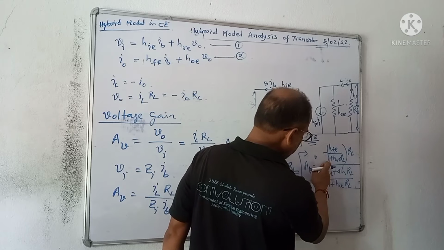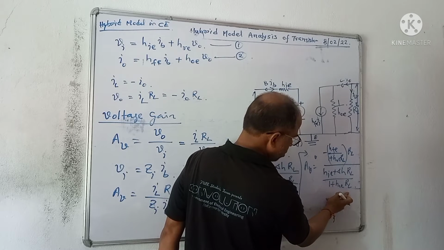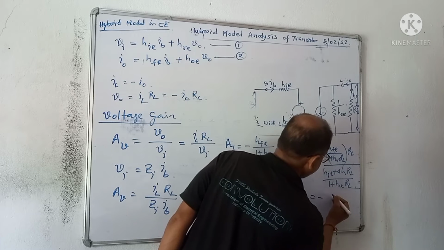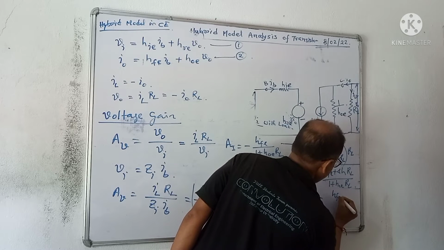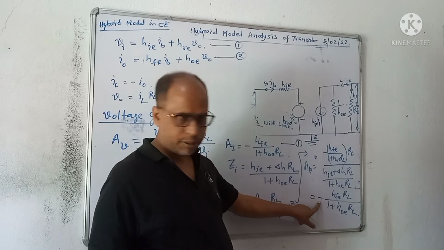Now you see here 1 plus HOE into RL, here also 1 plus HOE into RL. They will cancel. Therefore, this is equal to minus HAP into RL by, again, negative sign.